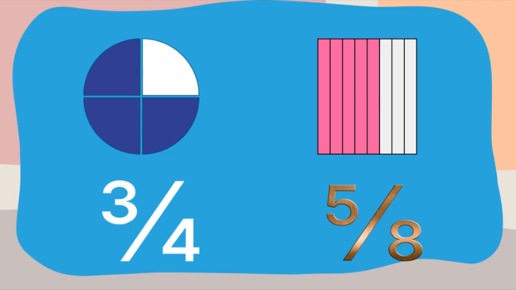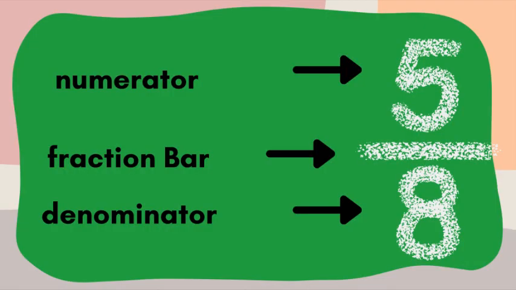Let's identify the numerator and denominator in a fraction. Let's take a pizza and cut it into 8 pieces. Each pizza slice is a fraction of the whole pizza. Each piece is represented by the symbol 5/8 as used in this example.